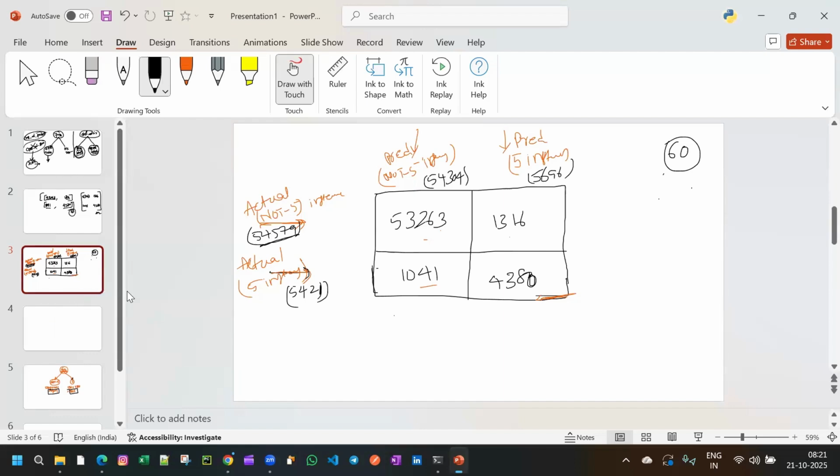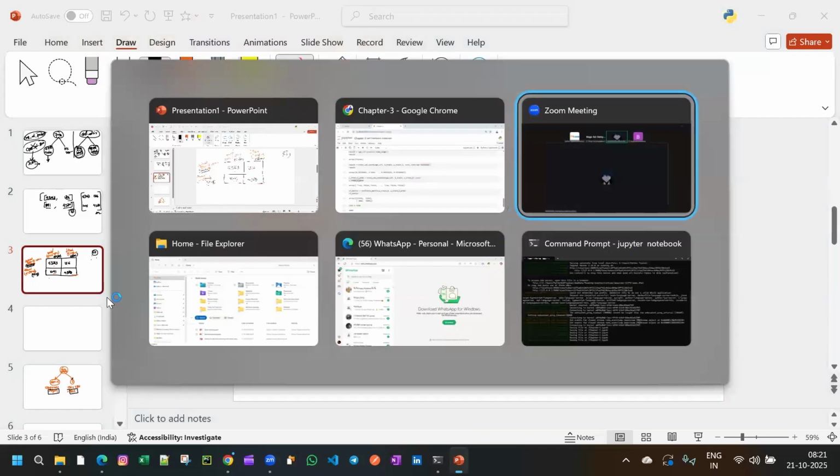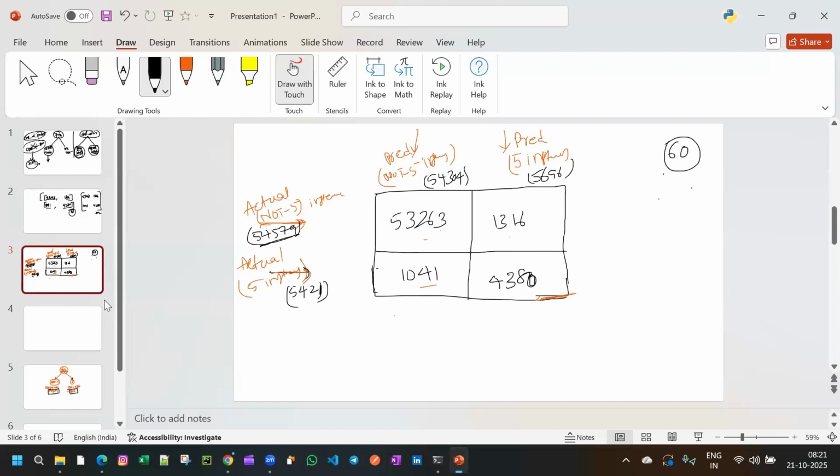One doubt, sir. Yeah, please. Sir, the row represents the not 5 instances, right? Yes. So if we go towards the column, it again says not 5. So how can we include the actual 5 instances in that column, like the 1041 under not 5?